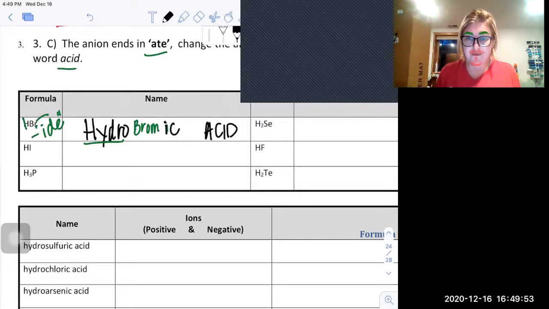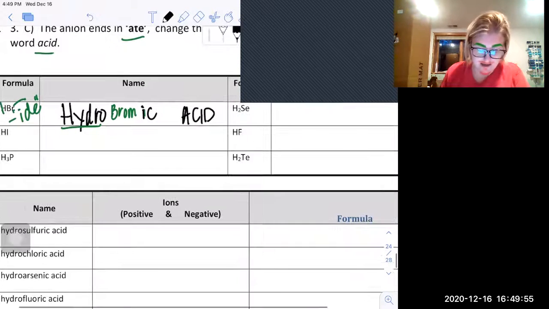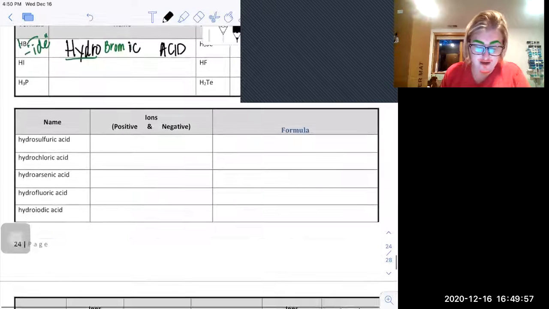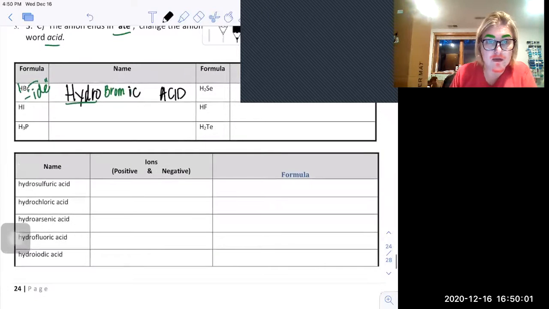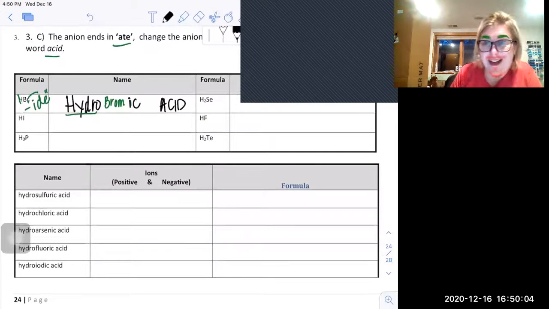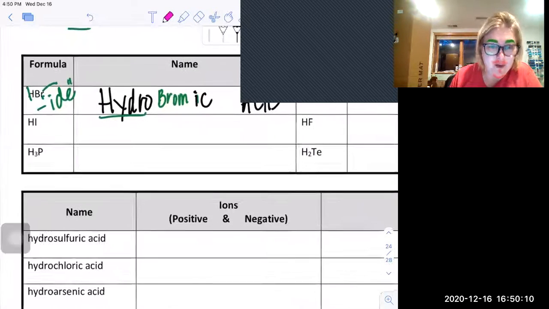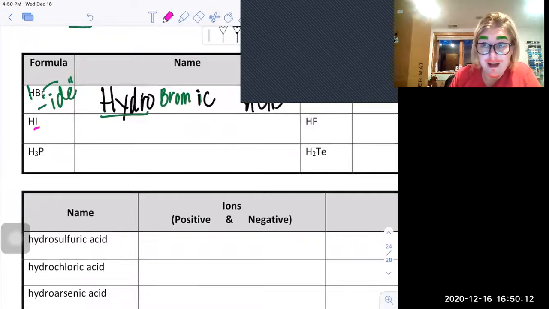And this is all because it had the IDE ending. All right, let's move on and try some other ones. Let's do the next one. HI, the high element. Okay, so I, one capital letter, which means we find it on the periodic table.